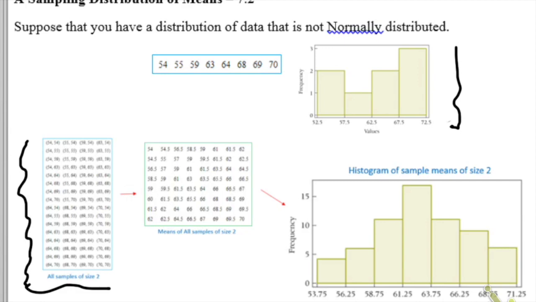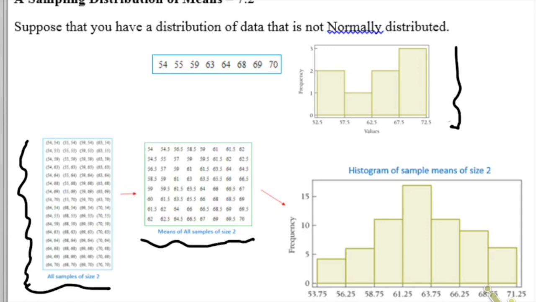And then you take the samples you have, and you take the means of each of the samples. So take the average. For example, 54, 54, if you add those two things together and you divide by 2, you will get 54. If you do 54, 55, and you add those two things together, you will get 54.5, and so on. That's what you have here.